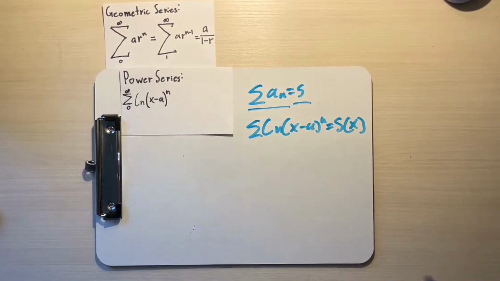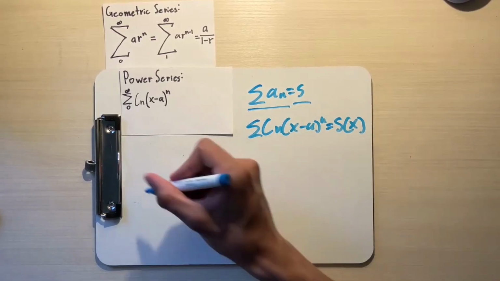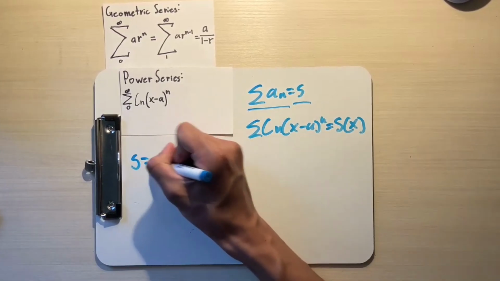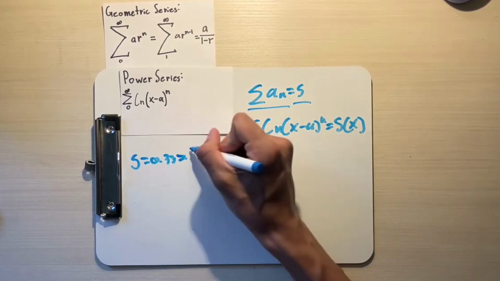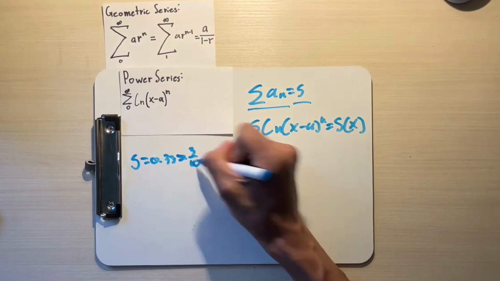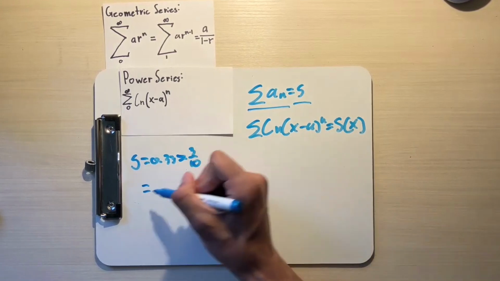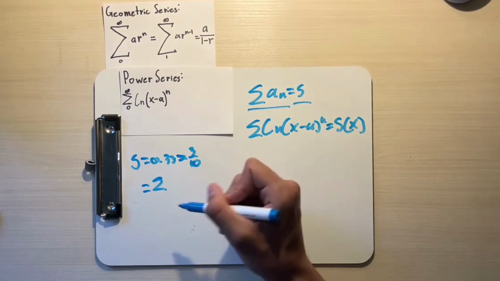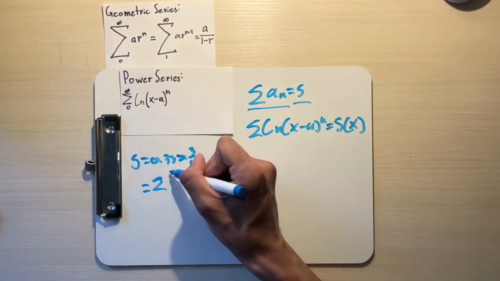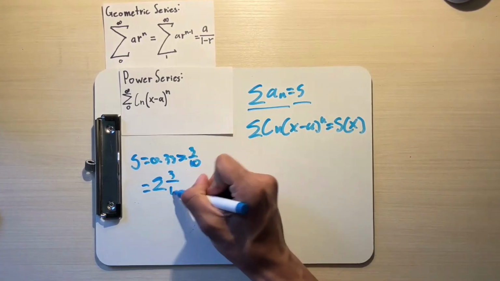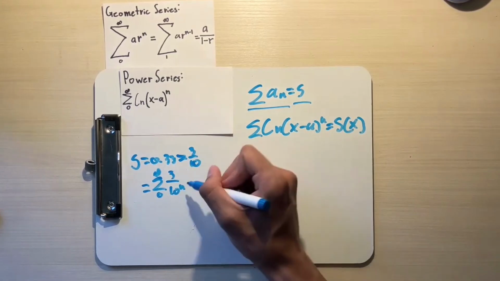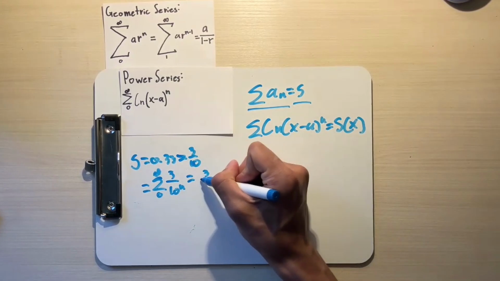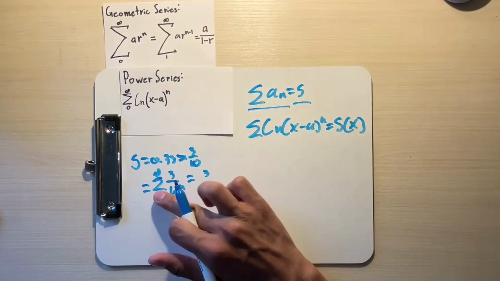We can represent any number as a series, any s. Say we want s to equal 0.33 repeating, right? Equals 3/10. We can write that as a series. Actually, we need to increment that at 1.